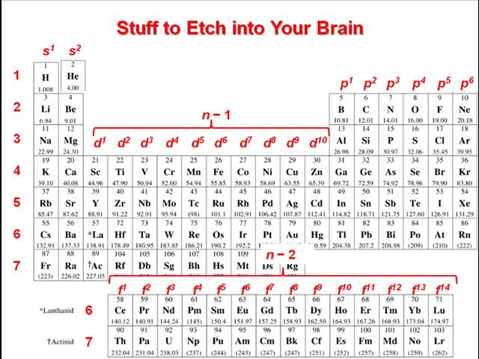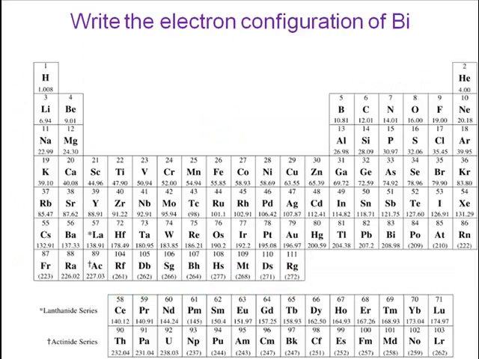Everything before it is going to be completely filled up. Okay? So, since everything else is going to be filled up completely, this helps us lock this in our brain. We're going to be practicing with this in just a moment.